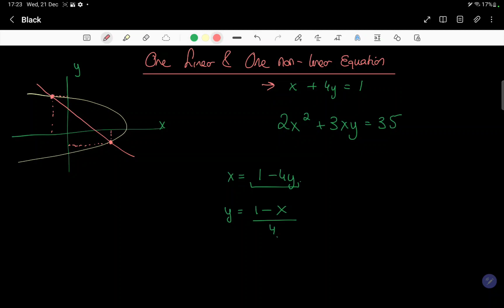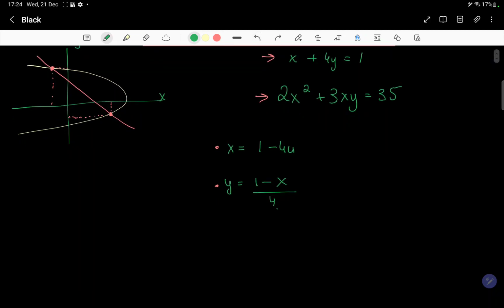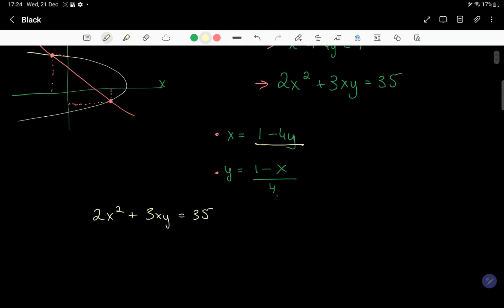So we have two ways in which we could substitute x or y into this second equation. Now the easiest one is the one that is not the fraction, unless the coefficient, which is 3 here, is the same as the denominator here. They might cancel. So I'm just going to rewrite now my second equation, which is 2x squared plus 3xy equals 35, using my new way of writing x, which is 1 minus 4y.